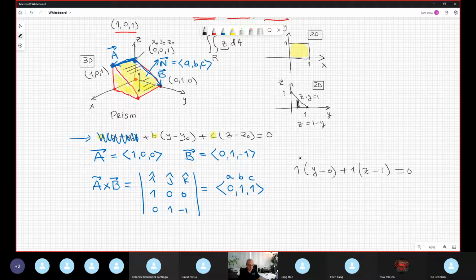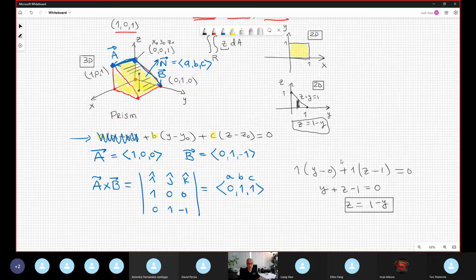Okay, now y, that part is just y, plus c minus 1 equals 0. So c is equal to 1 minus y. Same answer that we obtained with the shortcut. A little bit of imagination, no?